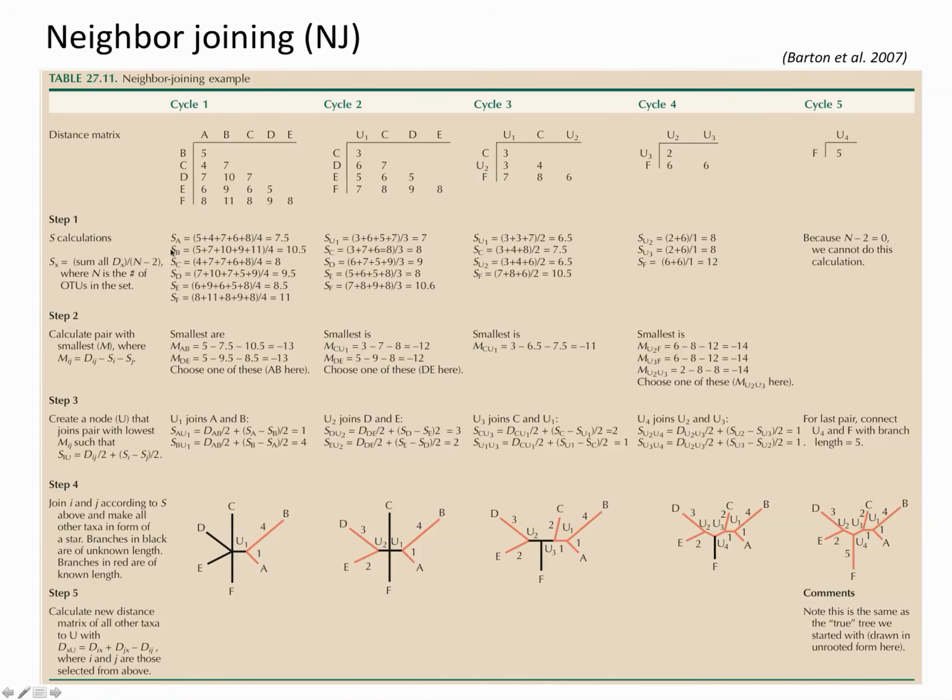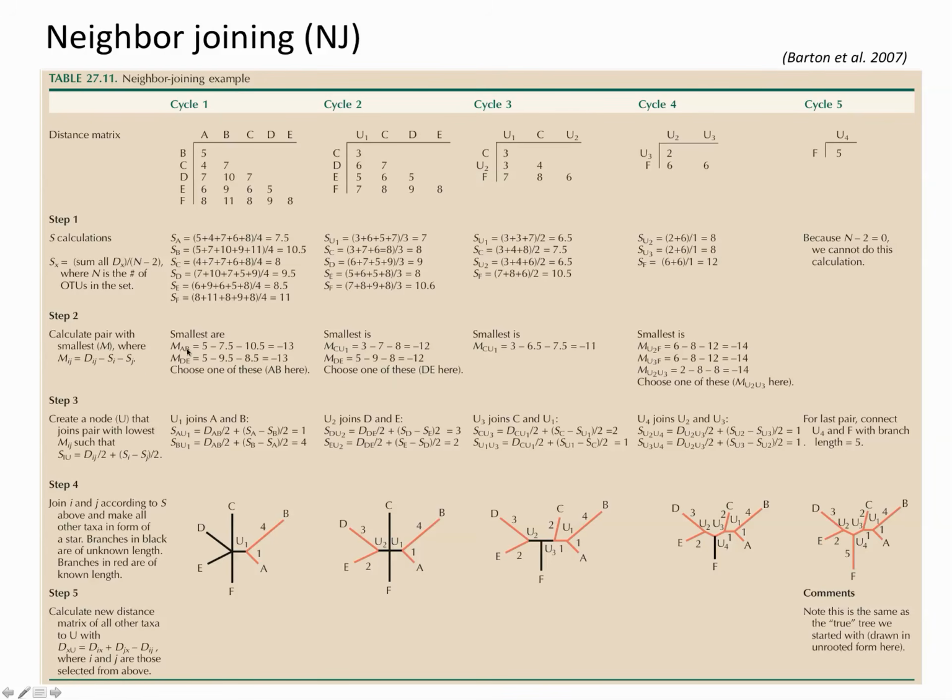Similar for B, C, D, F, A, and E. These are like the average distance from one taxon to the rest of the others. Then we calculate the pair with the smallest M according to this, which means the distance between each of the taxa minus the distance separating each one of them from the rest of the taxa.